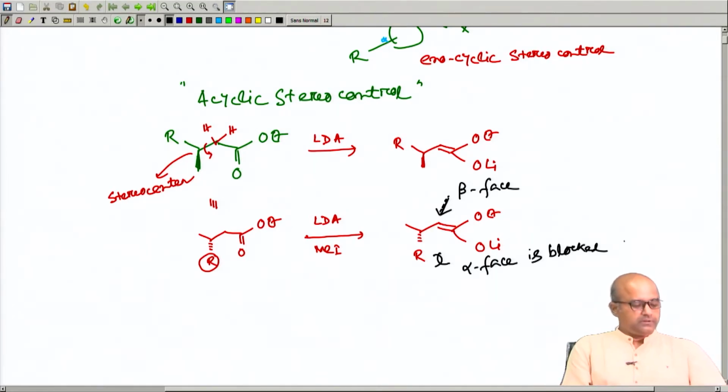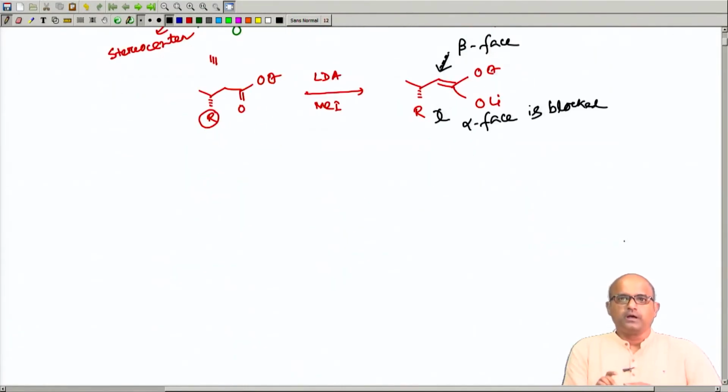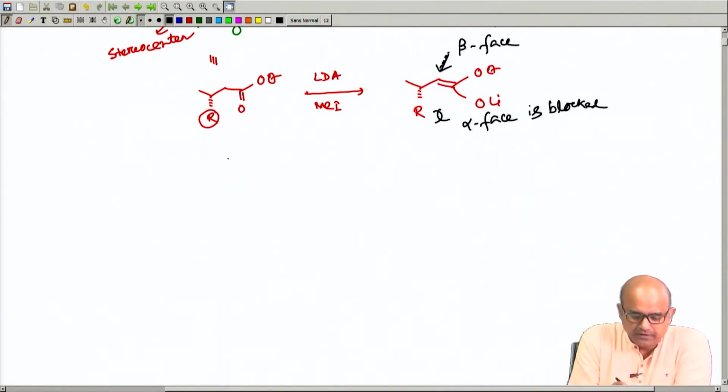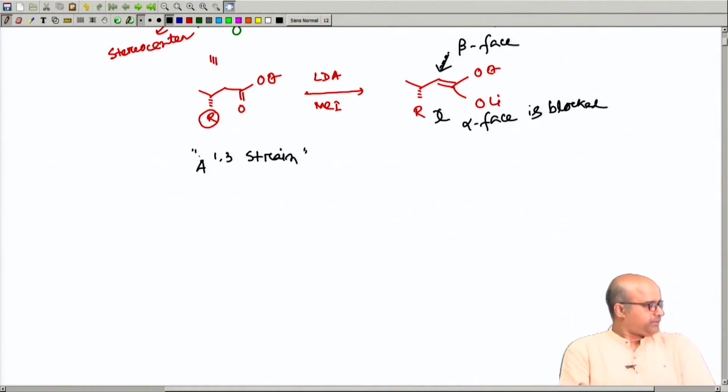Now, this you can also explain in a different way with another factor, which is a very well known factor, called allylic 1,3 strain. Now, allylic 1,3 strain actually dictates the entire thing.